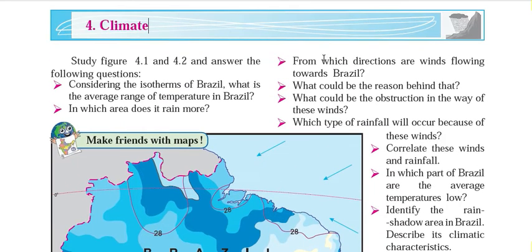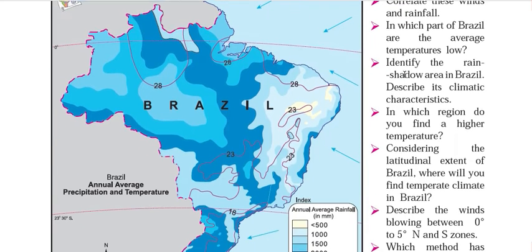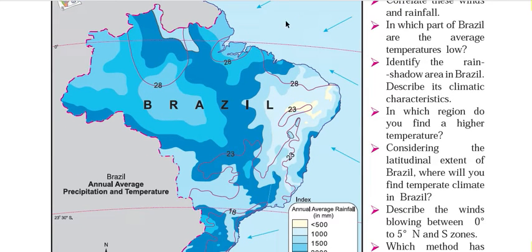From which direction are winds flowing towards Brazil? You can see these blue arrows coming from the northeastern and southeastern directions towards the land surface of Brazil.